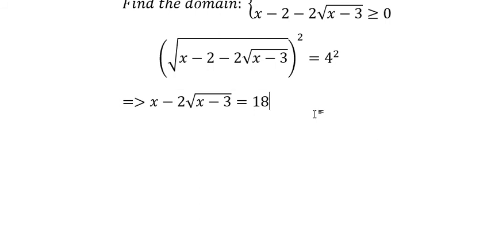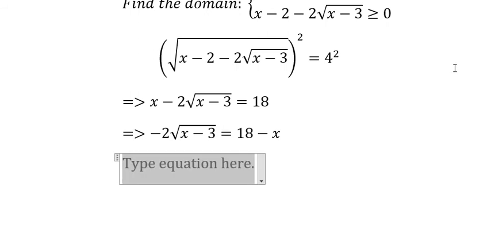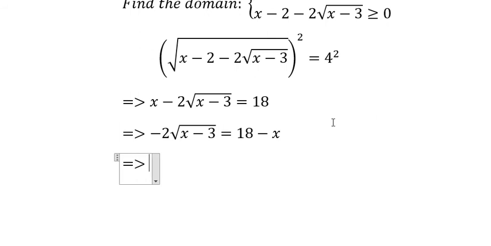So we put x on the right. We have the negative, so we change. We multiply negative 1 and negative 1 in here.